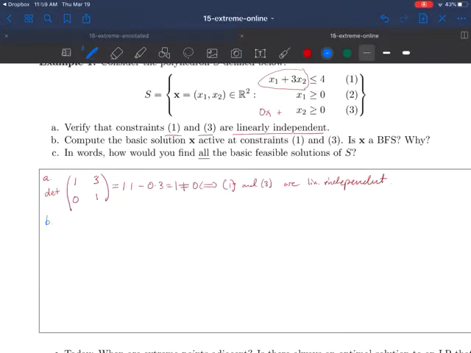Well, that means that we need to treat these constraints as equality constraints. So remember, active means satisfied with equality.